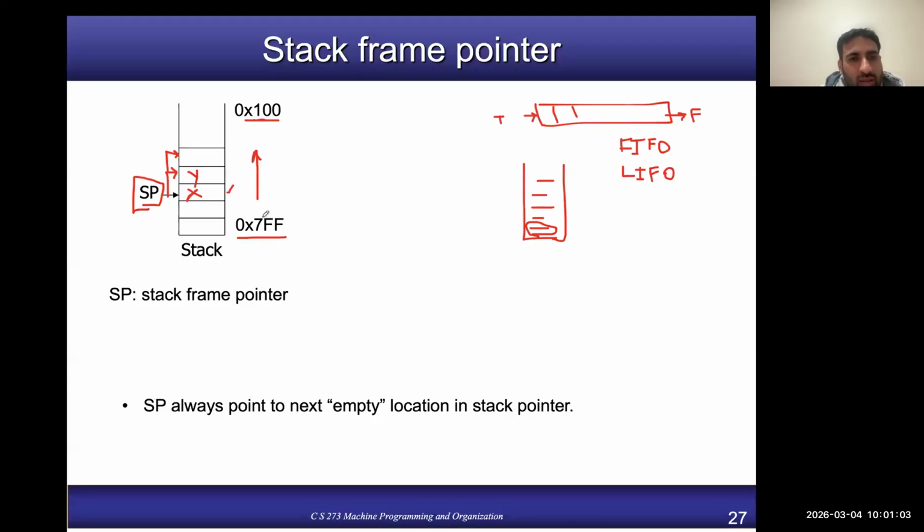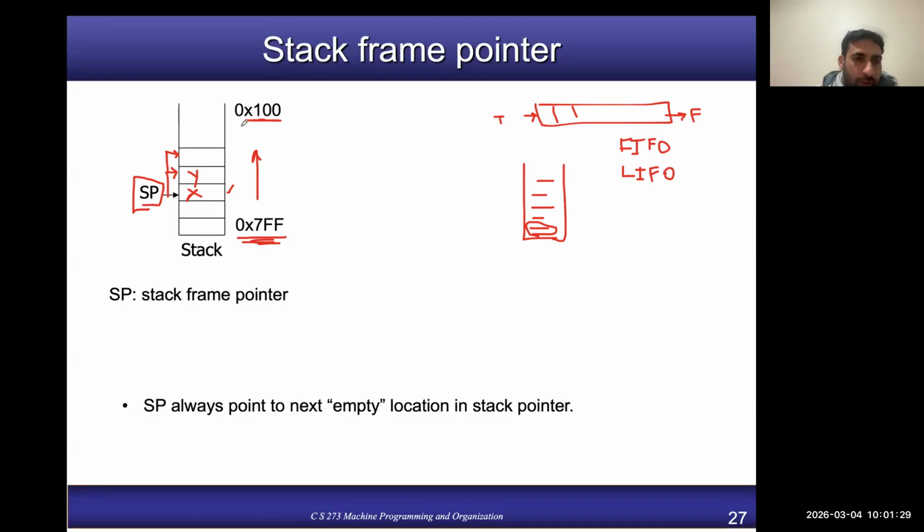Saying that the stack is growing downward is not compatible with our figure, because it shows the highest address at the bottom and the smallest address at the top. But the point I'm trying to make is that the address of the next empty location is smaller than the previous filled location.